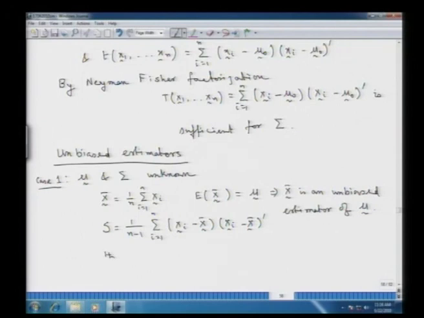Then we have already proved the result that the expectation of this S matrix is nothing but this sigma matrix, right.